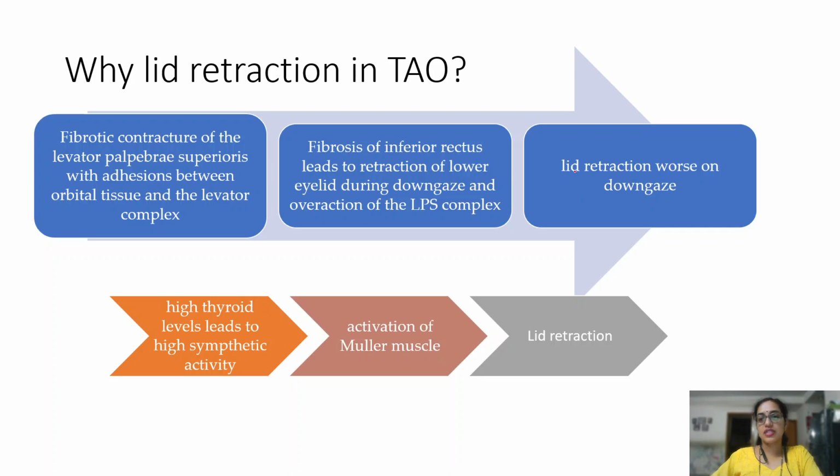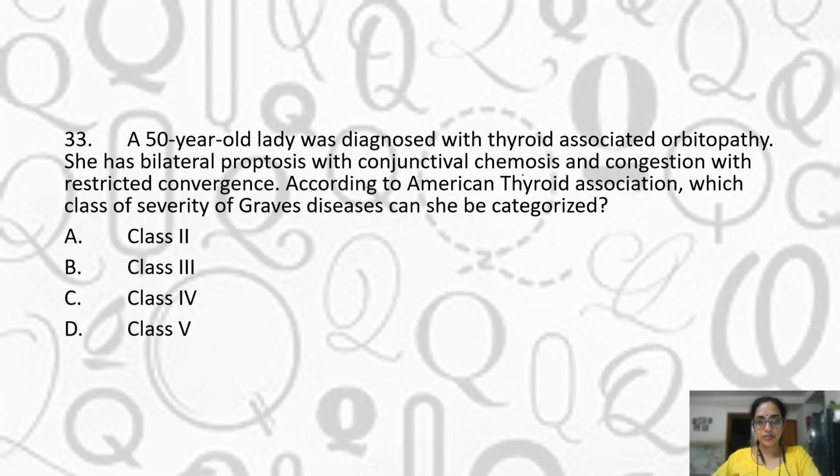This causes lid retraction, which worsens on down gaze. Then there may be associated high thyroid levels, which leads to high sympathetic activity, causing activation of the Muller muscle and lid retraction. This is a smaller or minor mechanism. Most importantly, there is a fibrotic component which is causing the lid retraction.